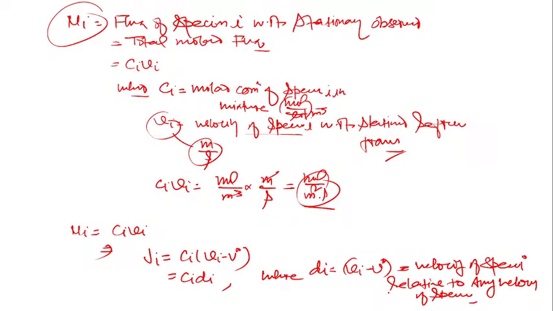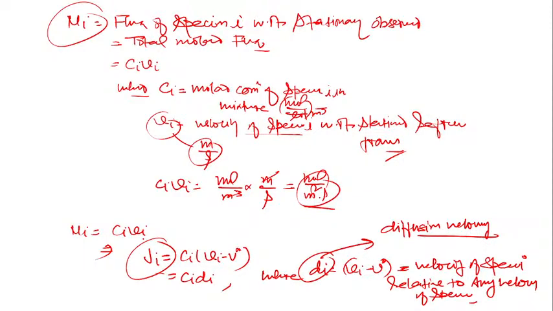Also called diffusion velocity. Also called the velocity of a species with respect to a moving reference frame, moving with the average velocity. So Ni is the total molar flux, while this is only called the diffusive flux.